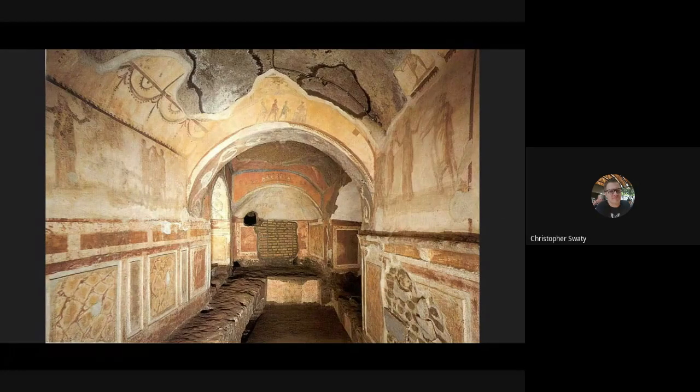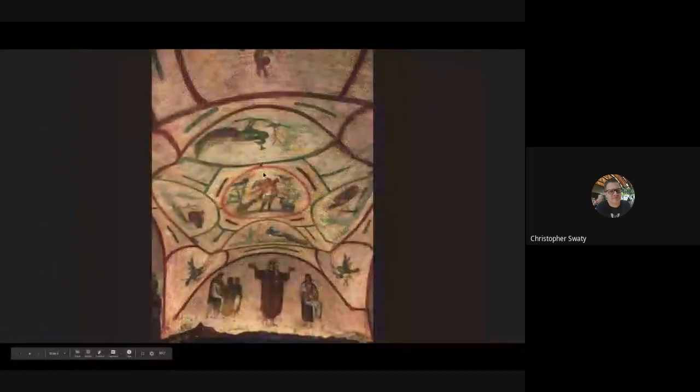The paintings that are shown here are really similar to the Roman paintings of the time period in style and technique, but they're different in the content. Now, this is an early ceiling fresco. A fresco is a type of paint where the paint is mixed in with the plaster before it's applied.